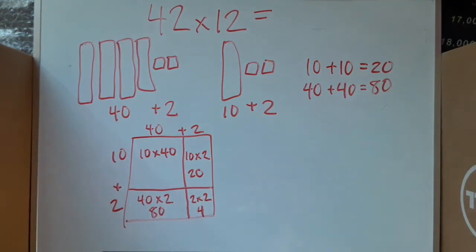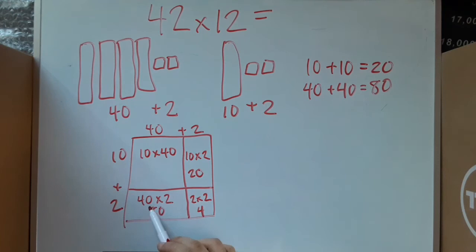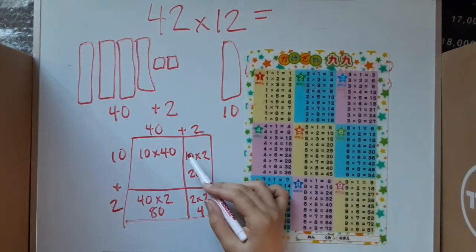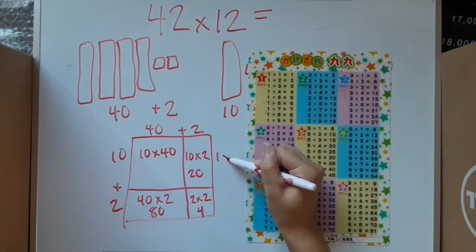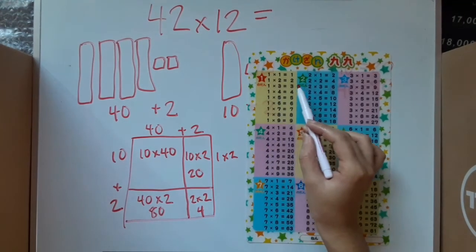A pattern that we can see in both of these boxes is that we have 10 with a 0 on the end times 2, and 40 with a 0 on the end times 2. If we look on our multiplication chart, we can see that if we take out this 0, this looks like 1 times 2. And we can see that 1 times 2 is 2.